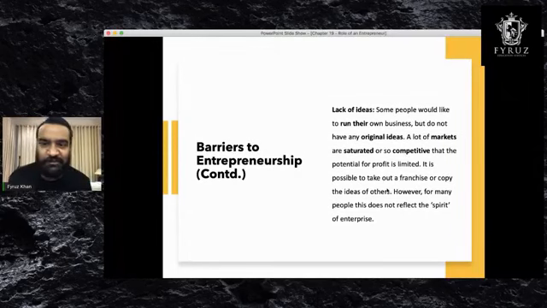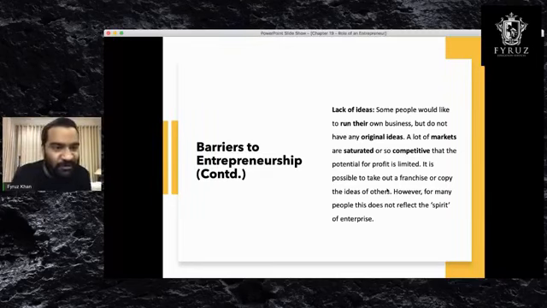Sometimes lack of ideas. You may not have a lot of ideas, or simply the market may be saturated. Think about the mobile phone market. A lot of people may criticize Samsung and Apple, that they're not taking out really innovative smartphones anymore. They used to, but not now. But I think it's not right to blame them in that way.